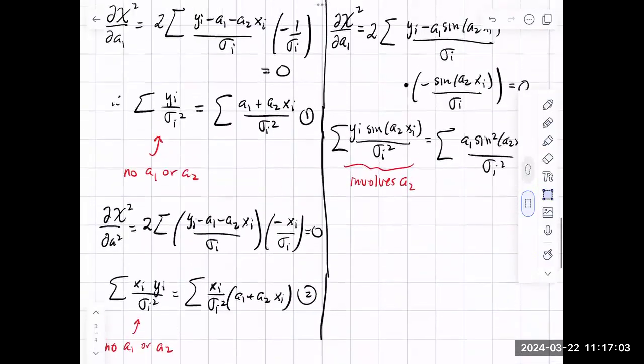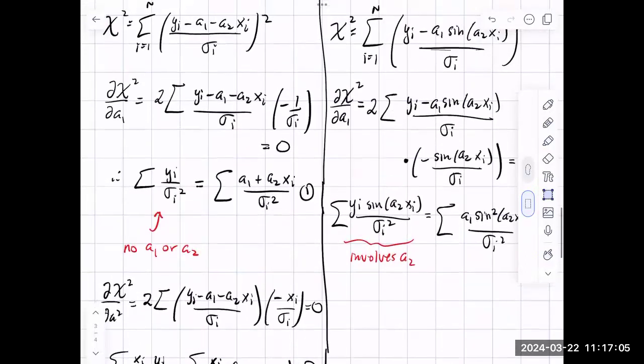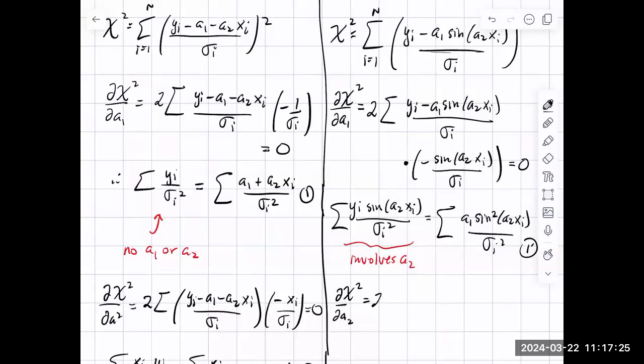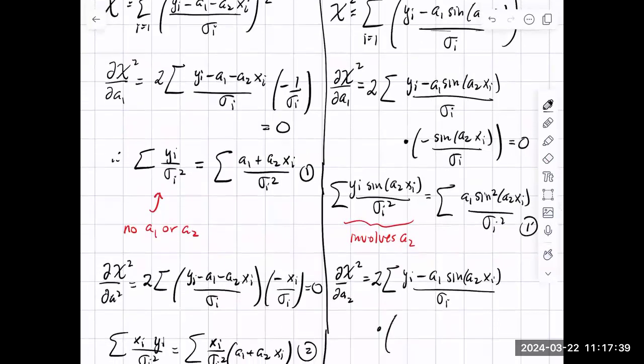Okay, good. So let's do the same thing for the nonlinear case, and this one's going to be even worse. So we go the derivative of chi-squared with respect to a2 is equal to, so we get the 2 yi minus a1 sine a2 xi divided by sigma I. And then we have to multiply by, okay, so the a2 derivative, what's that going to do?